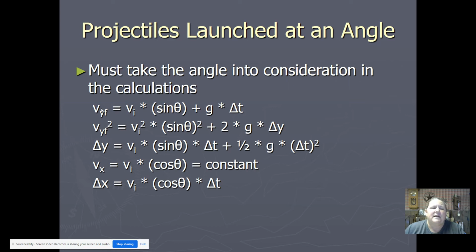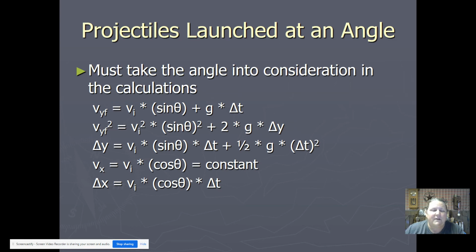Okay, the final velocity in the y direction is going to equal the initial velocity multiplied by the sine of theta plus g times how much time it took. The final y velocity squared is equal to the initial velocity times the sine of theta, squared, plus 2 times g times delta y.